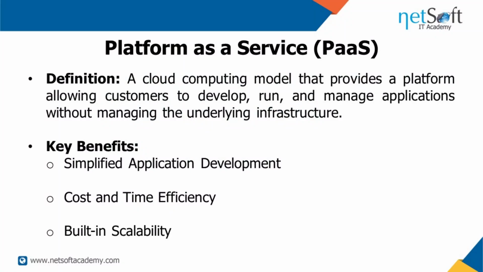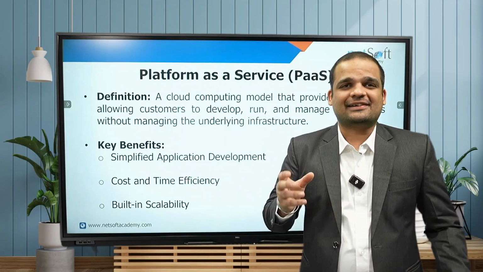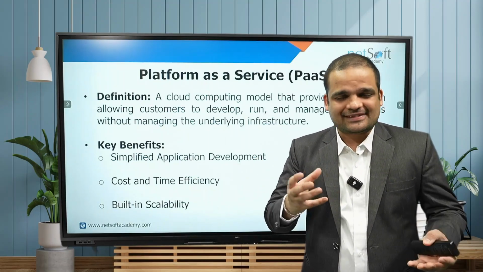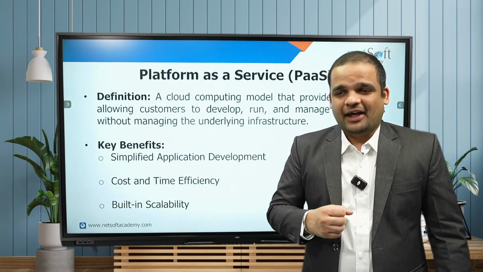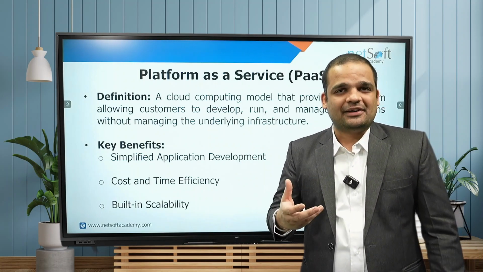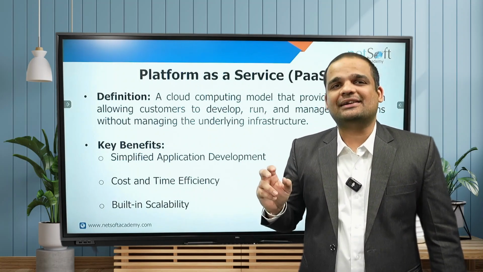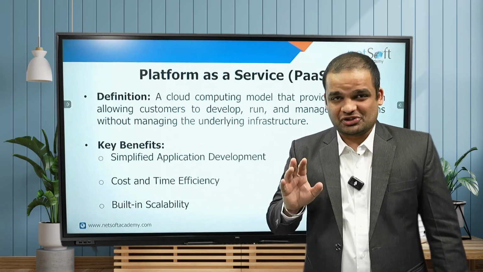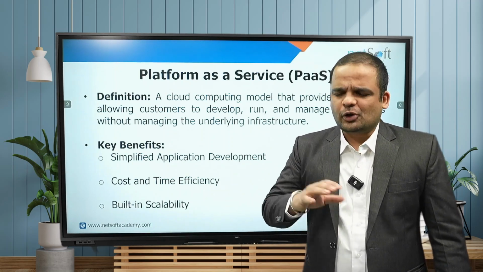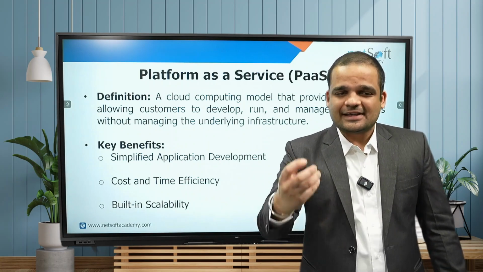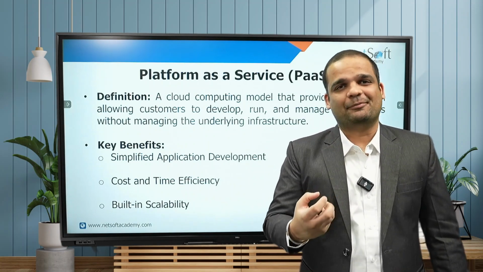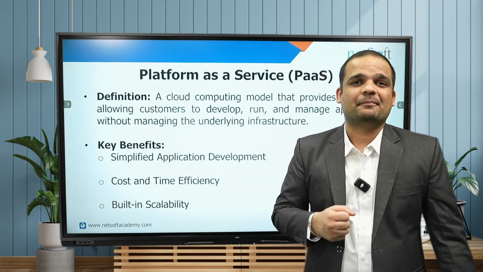The next is built-in scalability. PaaS simply offers typical scalable options. It also sometimes offers the flexibility to give you automatic scaling options. So automation is still there. You can also do it manually, but this functionality is really important and nice to have.